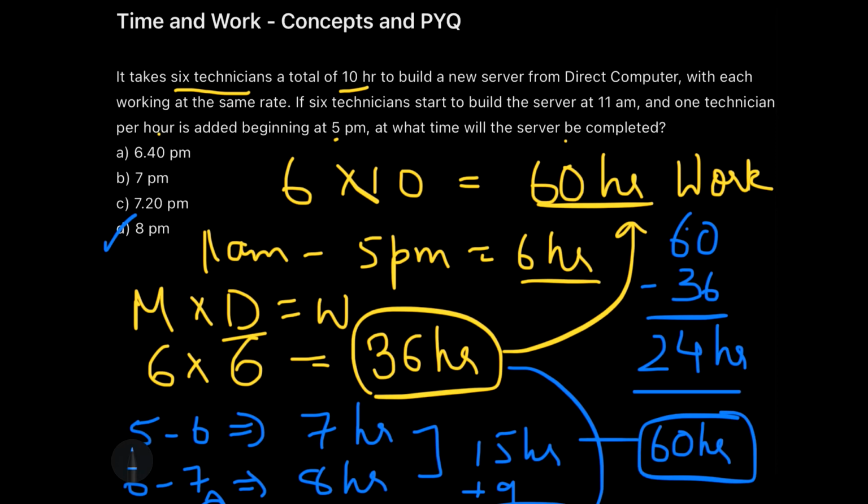So you saw how easily this previous year paper ZAT question was solved using just the concept of multiplying the number of men into the time and resulting in the work done. And this is true. Generally, the questions of ZAT are more common sense oriented than formula oriented.